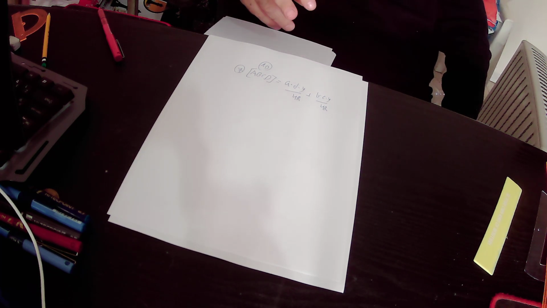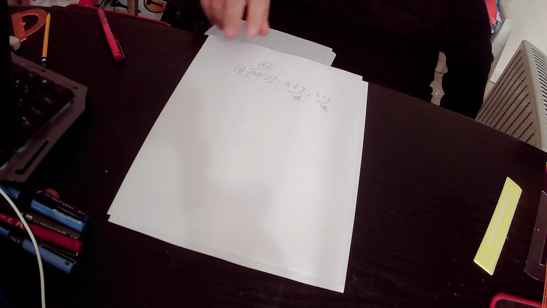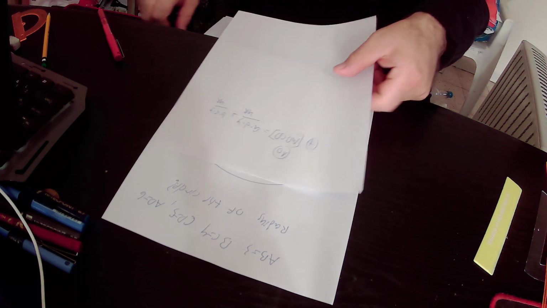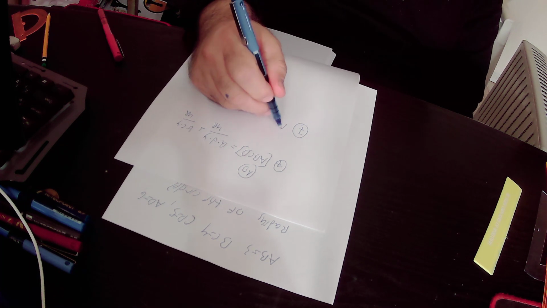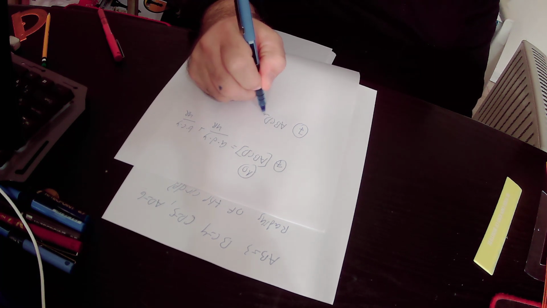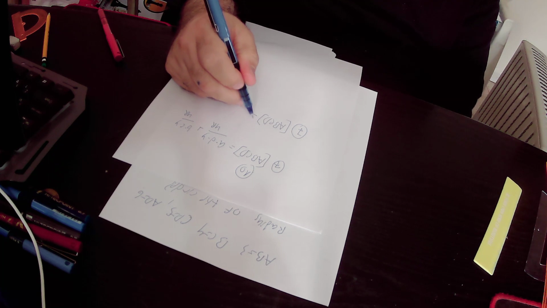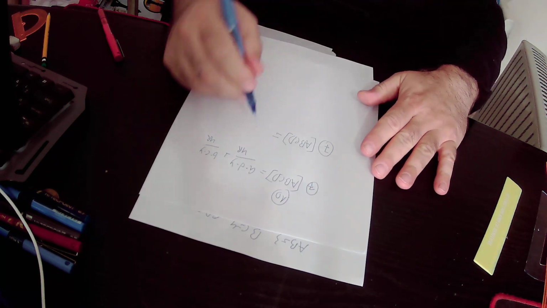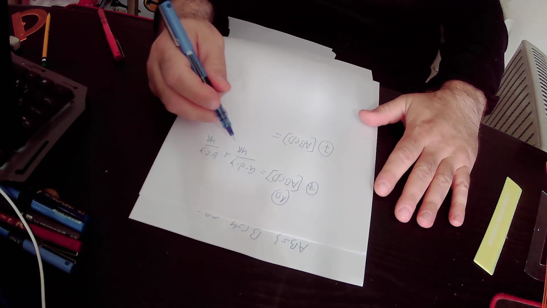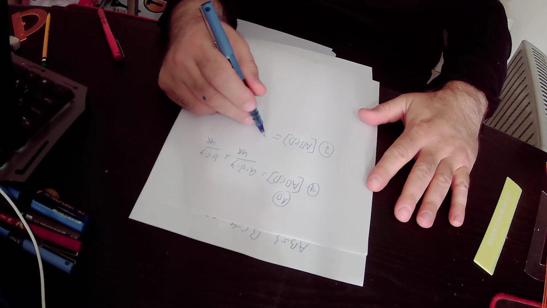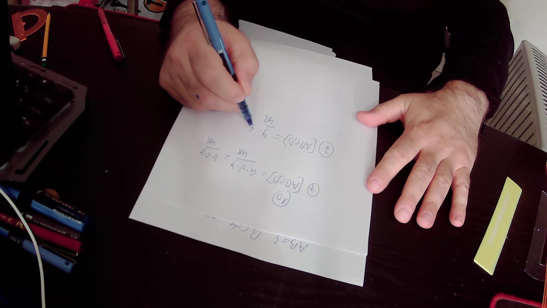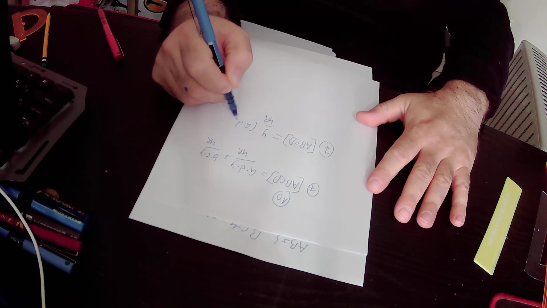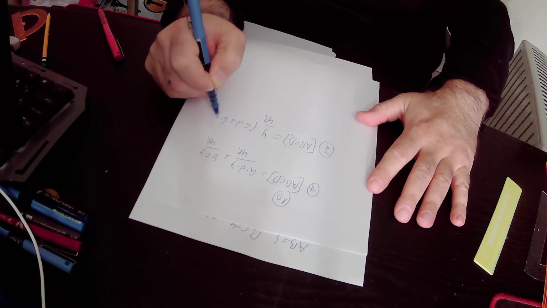Here y over 4r is a common factor of this expression, so we take it out, and inside the brackets we will have a times d plus b times c.